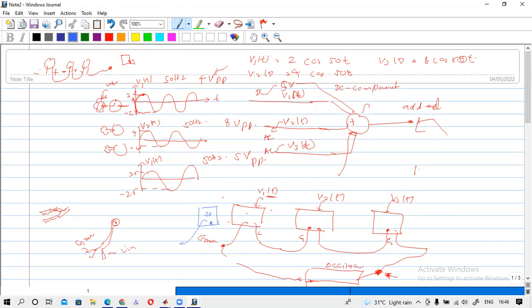Then I connect this line to the signal generator ground, and I make a series connection like this. Then I connect the oscilloscope here. So what kind of change do you expect?